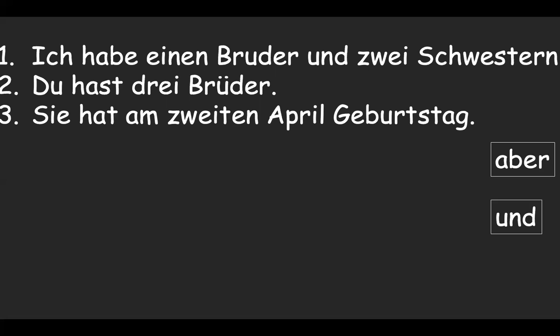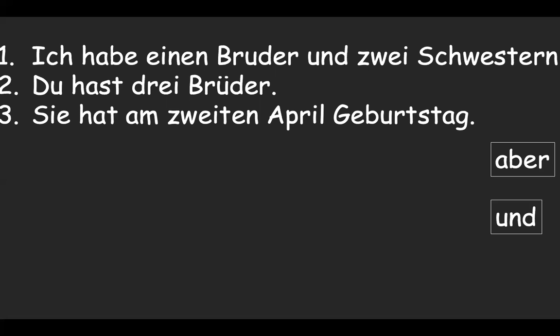Nummer 3. Sie hat am 2. April Geburtstag. It's also possible to say ihr Geburtstag ist am 2. April. Obviously, you might not know all the months and you might not know 1st, 2nd, 3rd, 4th, 5th, but you could manage to communicate your birthday if you just said 2. April.